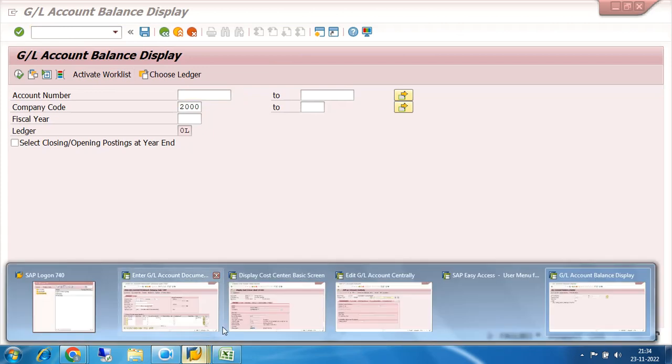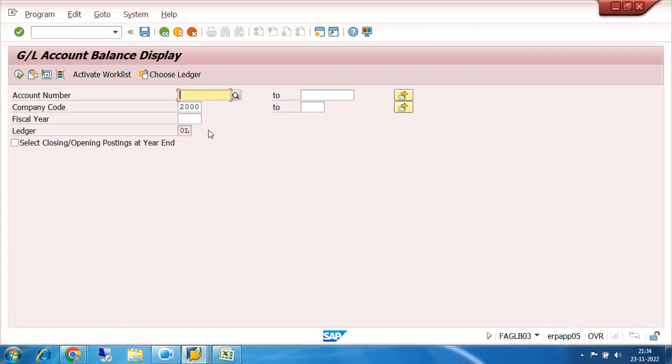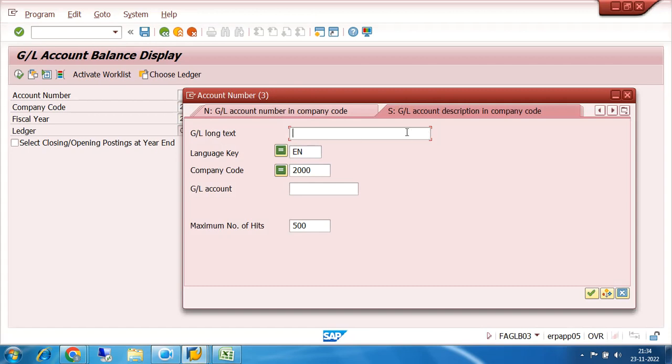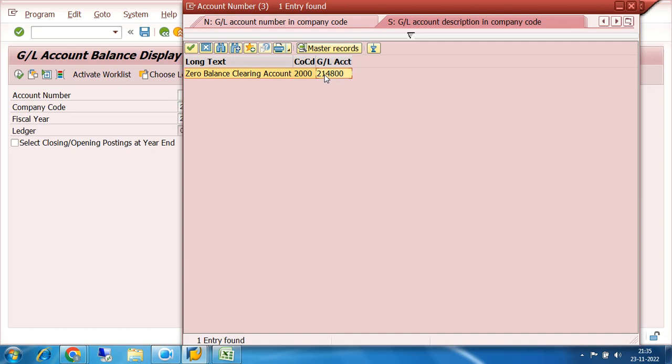So 214800, let us see, fiscal year 2022. Zero balance, this one.